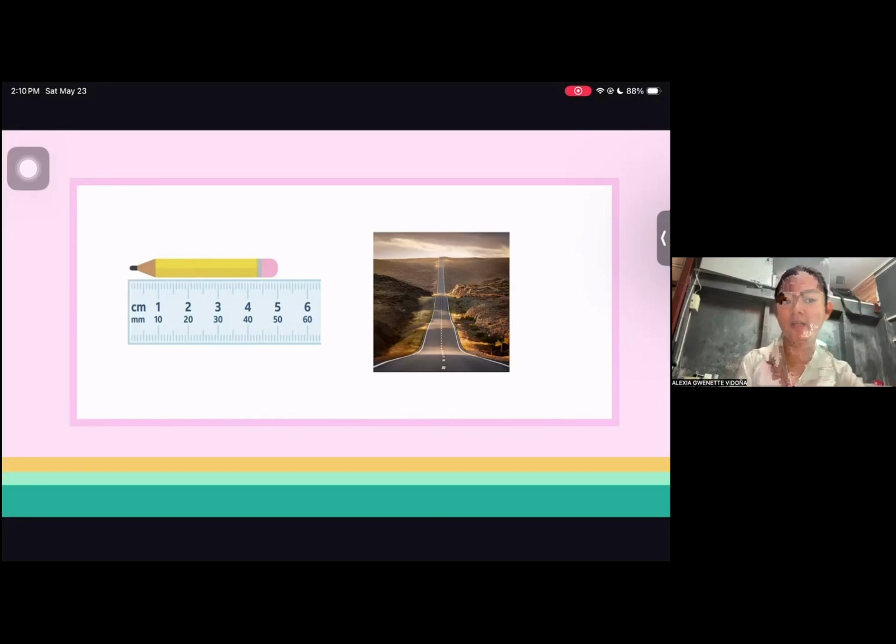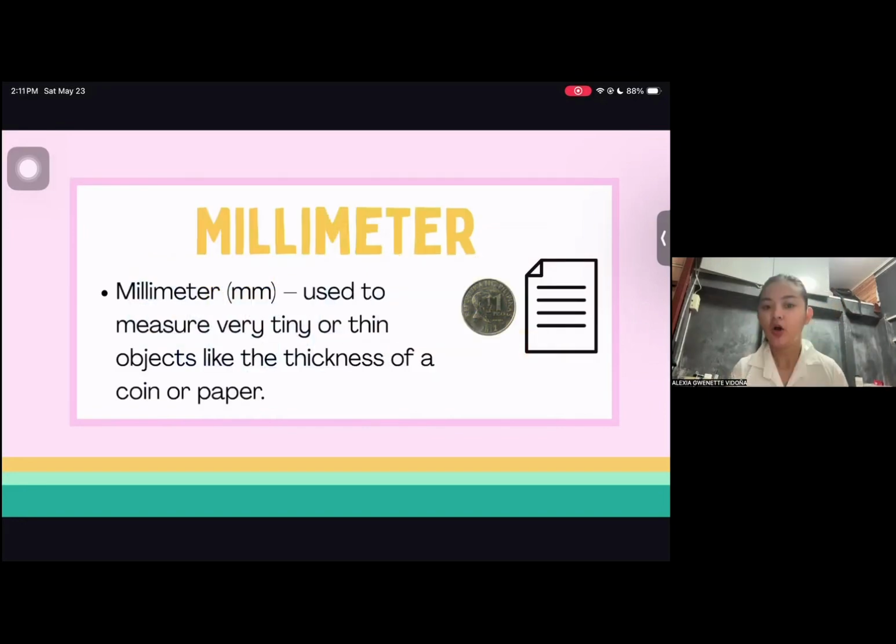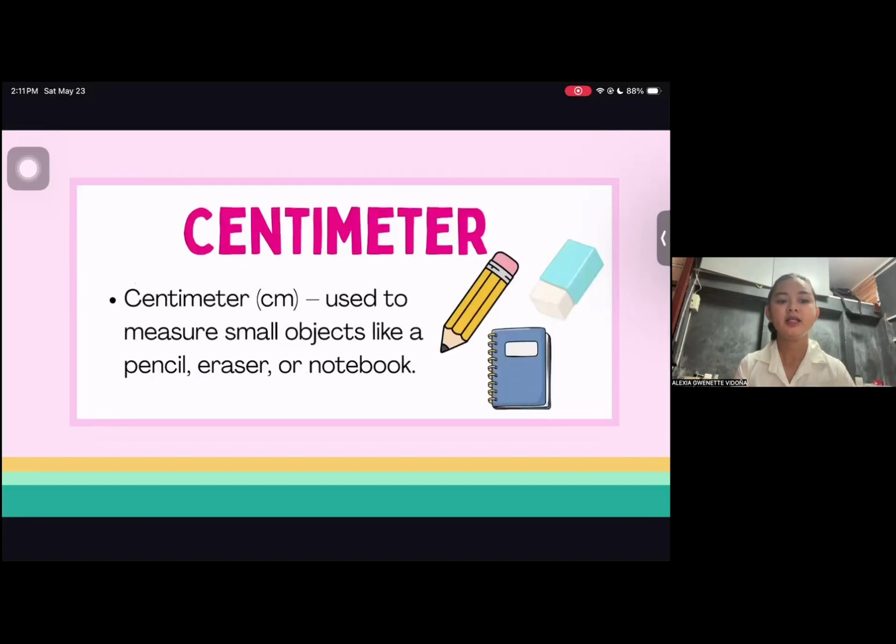First is millimeter or mm, used to measure very tiny or thin objects like the thickness of a coin or a paper. Next is centimeter or cm. It is used to measure small objects like pencil, eraser, or notebook.